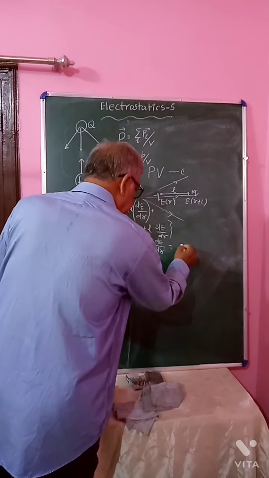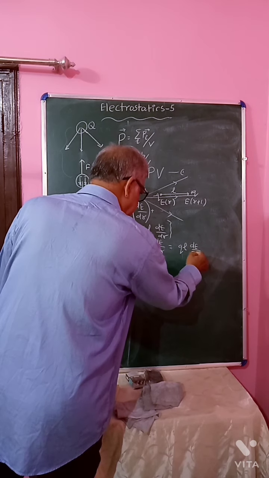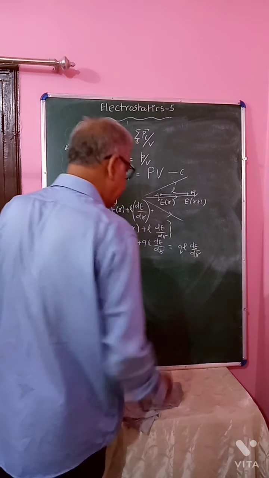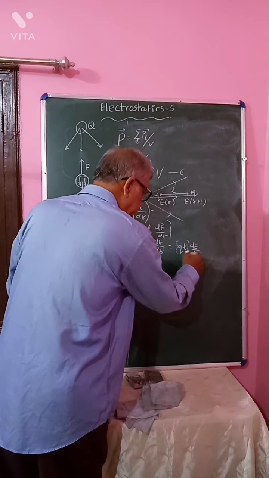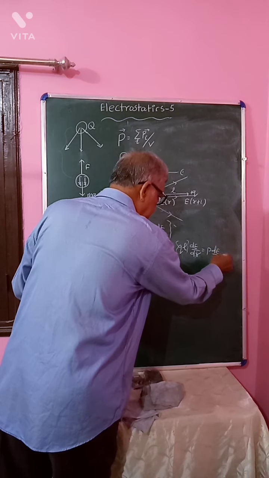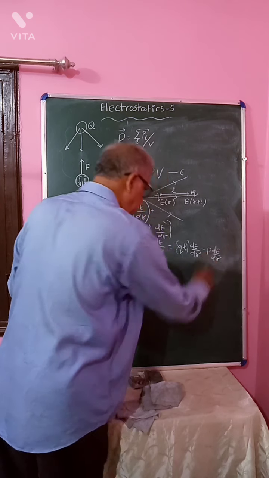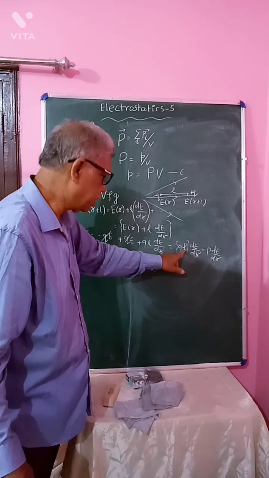We have Q L dE by dr. One thing, QL is the electric dipole moment. This is P dE by dr.